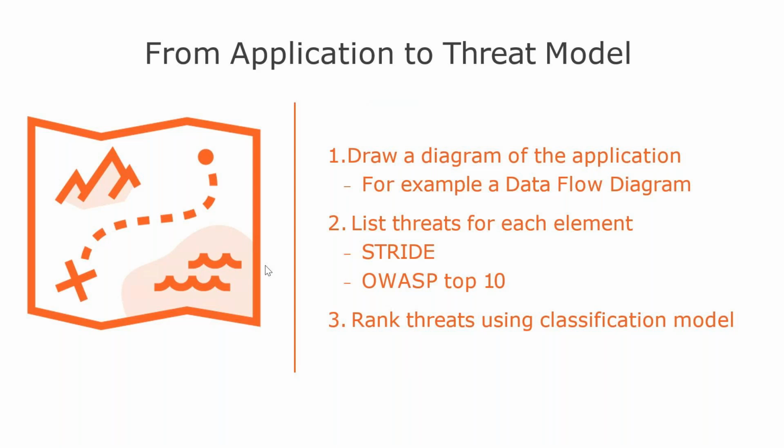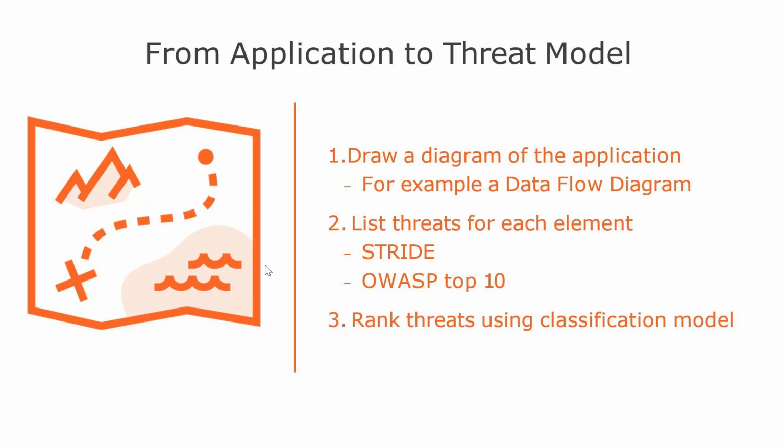Rank threats using a classification model. Here you rank the list of threats based on their severity level. This is where tools are required, like SonarQube, which plays a very important role.